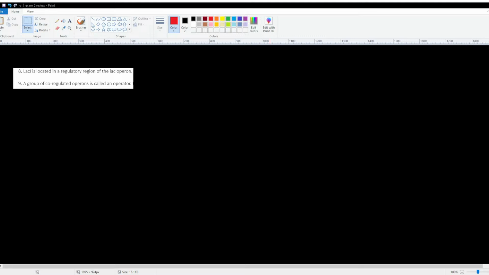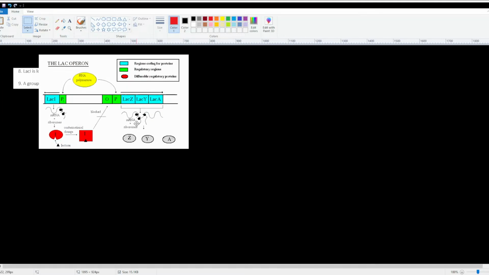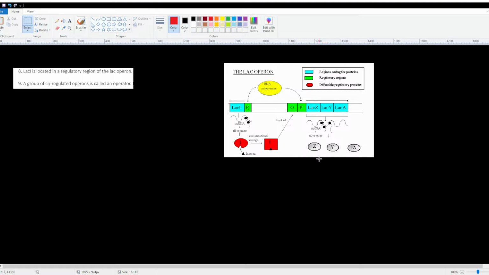So, if you'll give me one moment. Okay. So this is our lac operon, right?